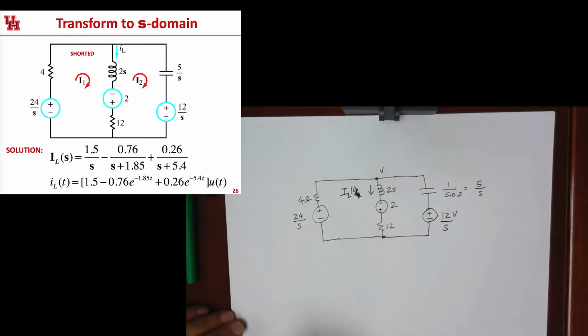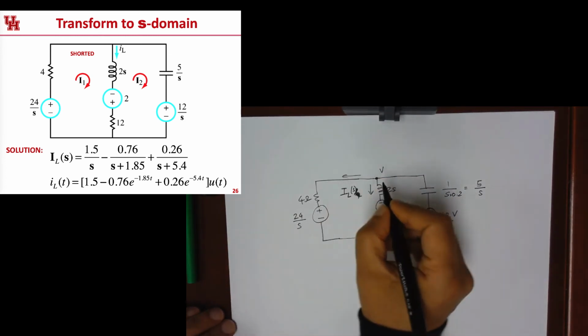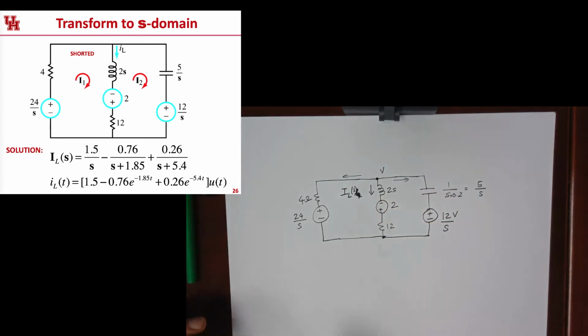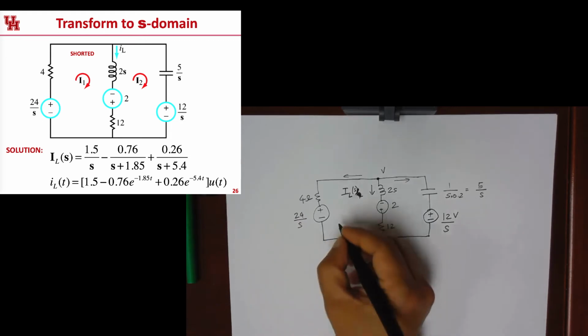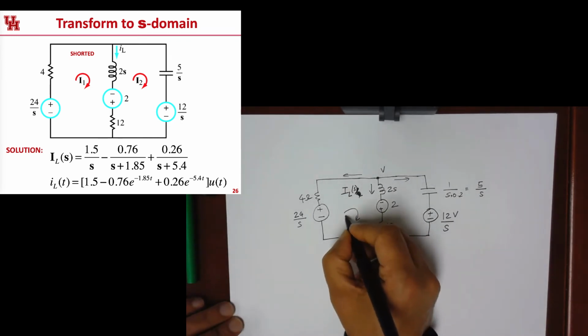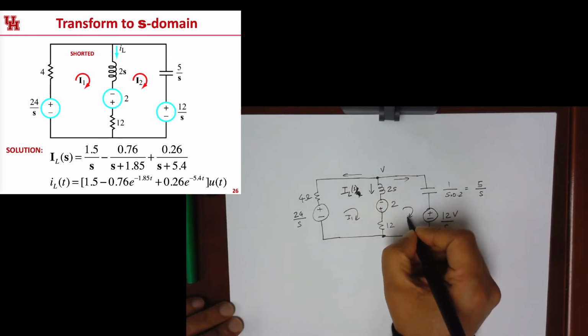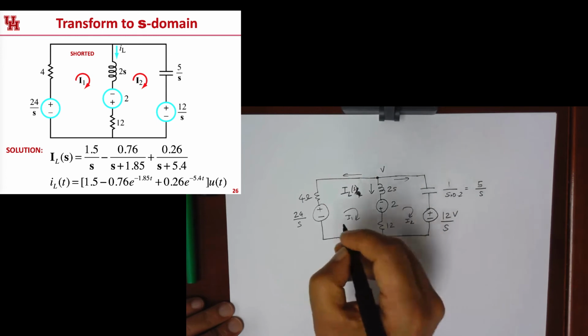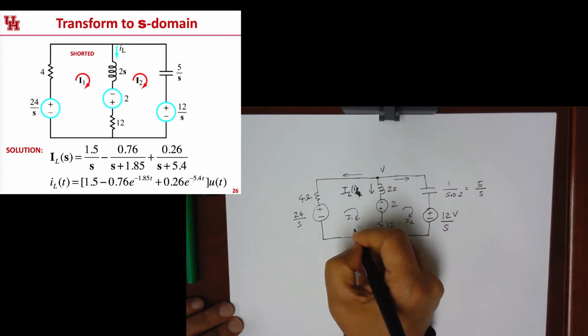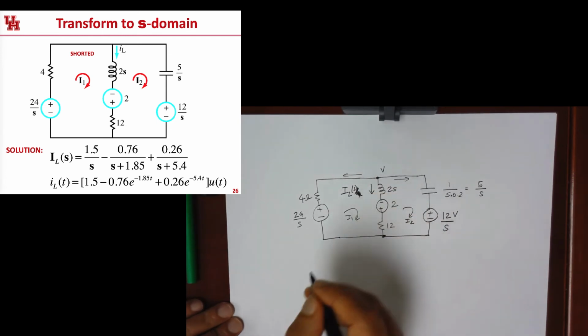So if that unknown voltage here is V, the sum of this current plus this current plus this current is going to be 0. That's one way to solve for this. You can solve it however you want, or you can solve it as a set of two meshes. You can solve for I1, okay, and then I2, okay, and that's how you can get at this current IL as well.